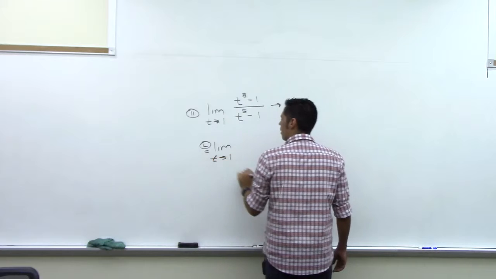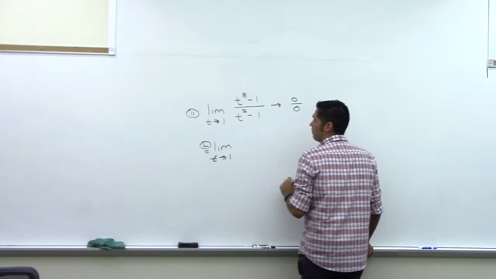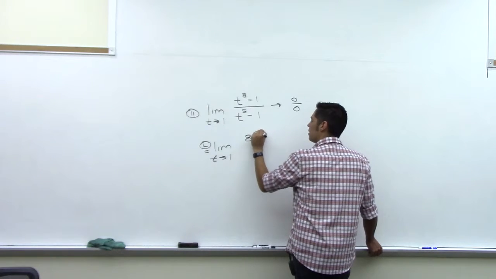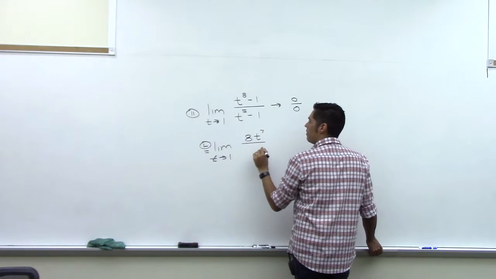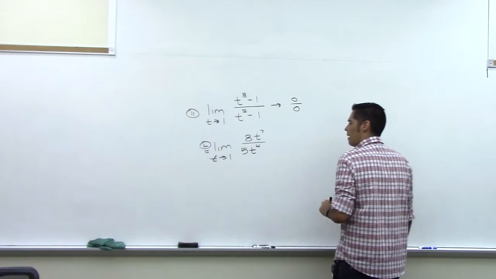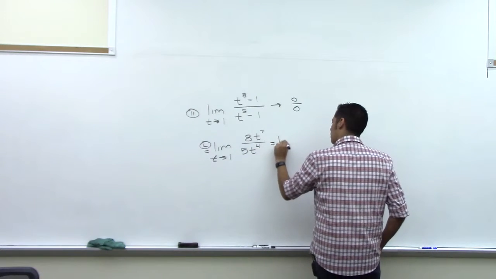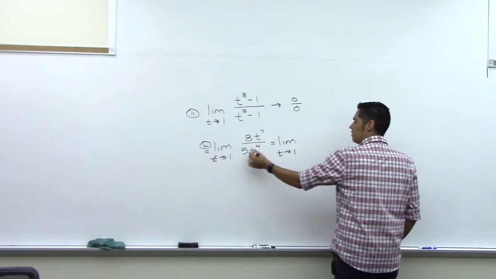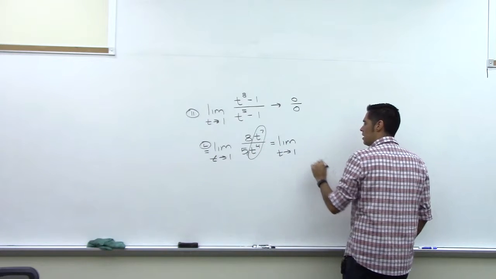T approaches 1. So I take the derivative of the top. Derivative of the top is just 8t to the 7th. Derivative of the bottom is 5t to the 4th. And let me keep going here. I'm going to just algebraically clean this up. This t to the 7th over t to the 4th is t cubed.